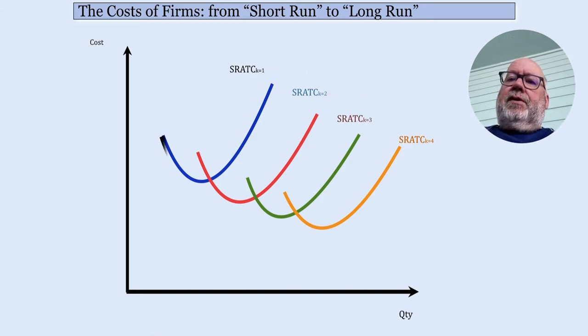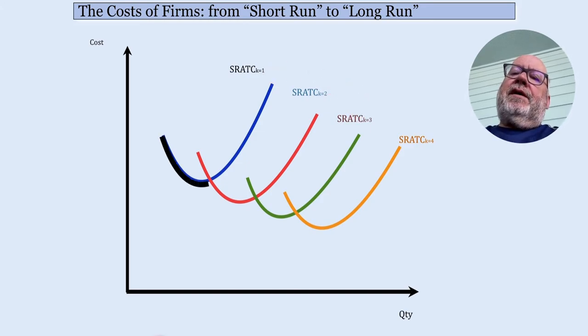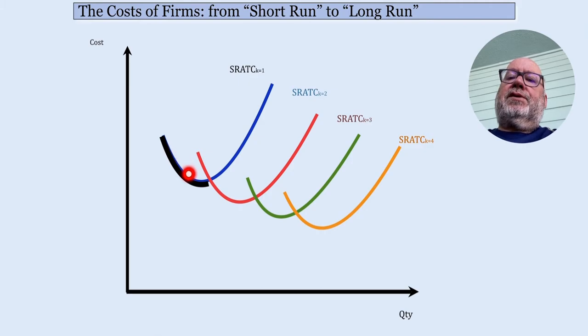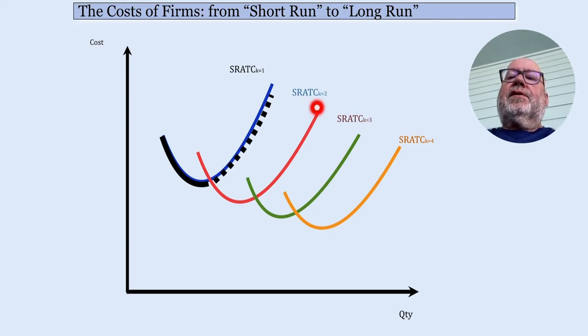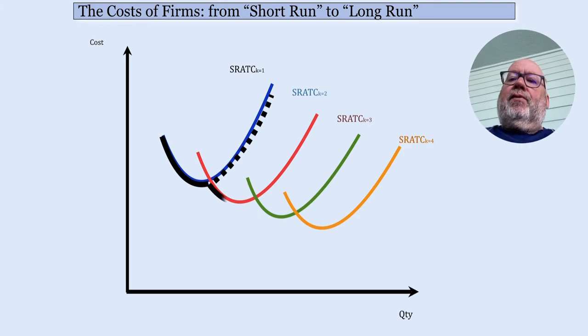So for example, if you started here at that level of output, the firm would use 1 unit of capital and its short run cost curve would go down, and at this point you then have a decision to make as a firm, because in the short run, if you kept your capital at 1, your average cost would start to rise, but in the long run you could move onto another cost curve with 2 units of capital, that red one there.